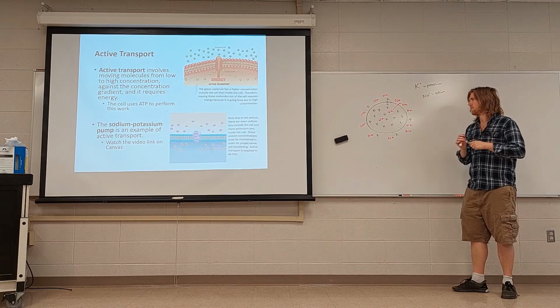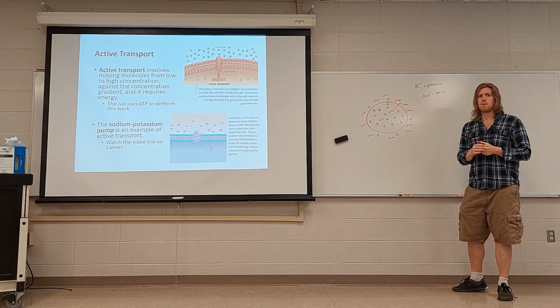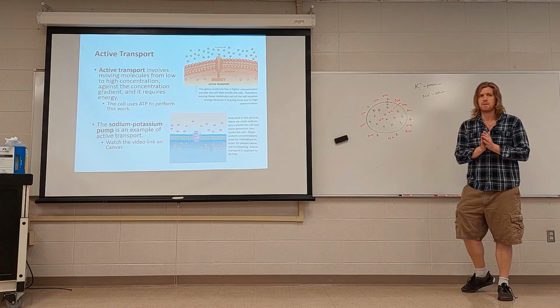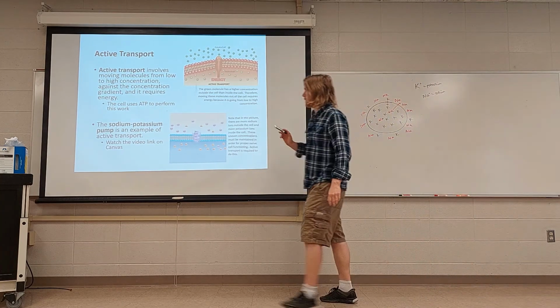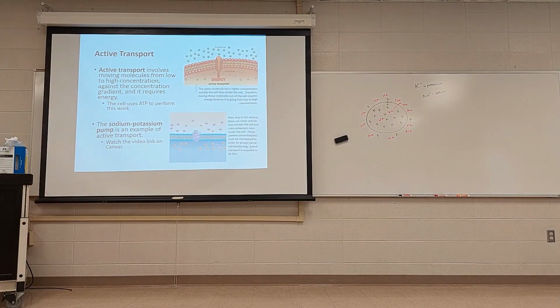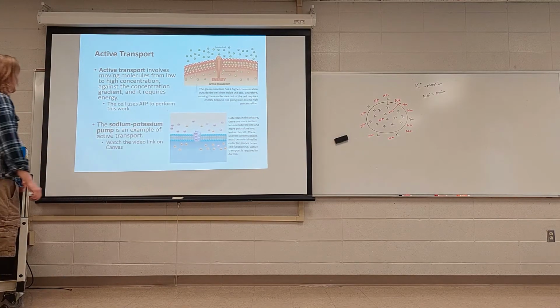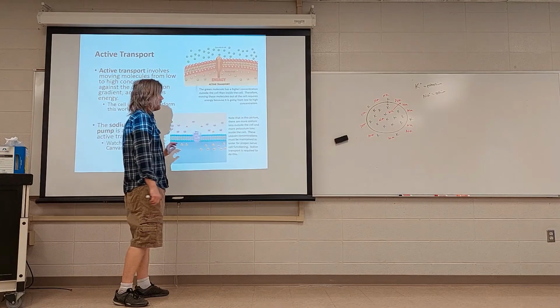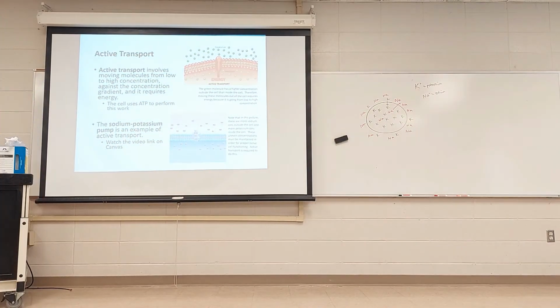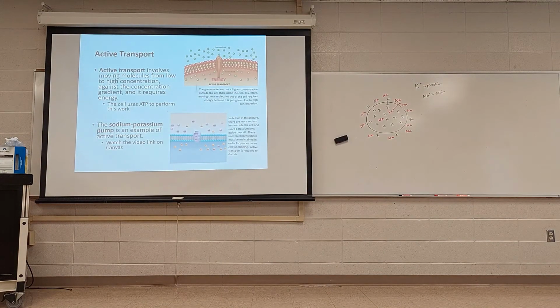And so you've got to keep stopping equilibrium from happening. And you can only do that by putting energy in to prevent it from getting there. So I recommend that you watch the video that talks about this in a little more detail. But the sodium-potassium pump is a good example of active transport within the cell.